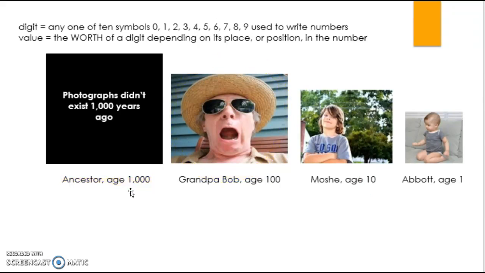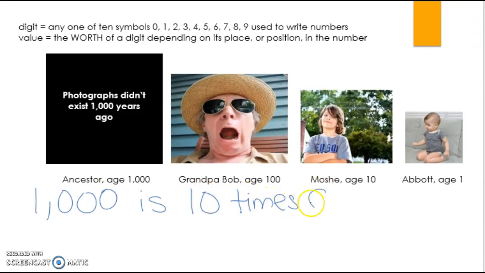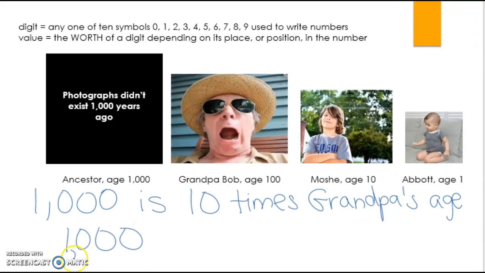Now let's describe the relationship between these numbers. The ancestor, that is 1000, is 10 times Grandpa's age, which means 1000 is 10 times 100.